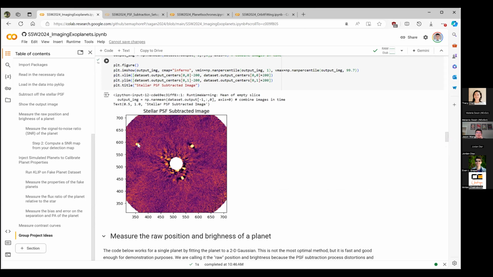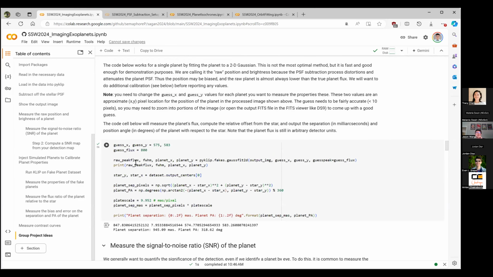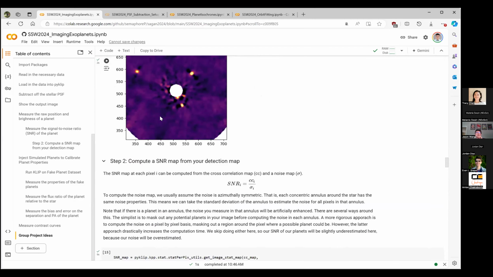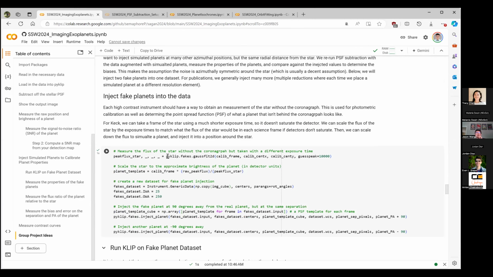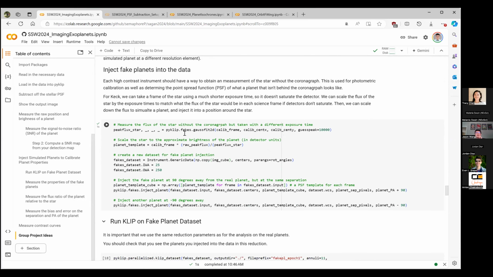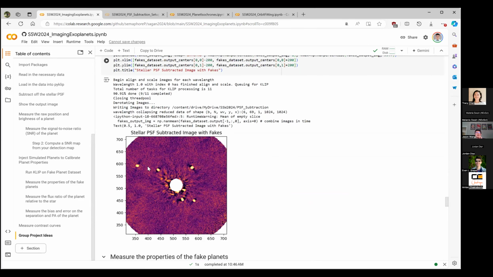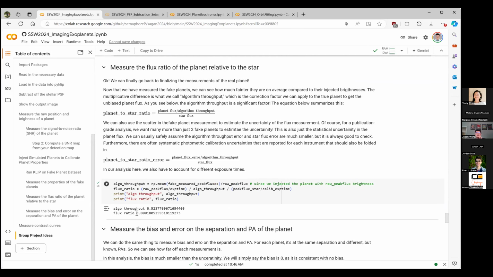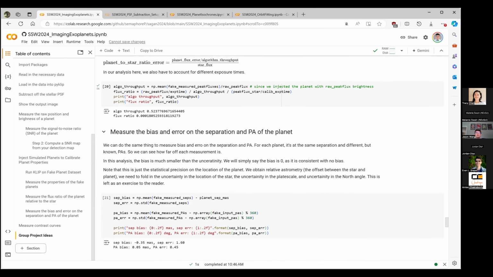It looks like it's roughly at 370 in X and 580 to 590 in Y. So you have to change those, measure its flux, run another round of fake planets, injecting fake planets at the same separation as the outermost planet, and then use that to measure the flux ratio of the outermost planet, having measured the algorithm throughput for the outermost planet as well. So you'll have to run all of those steps.